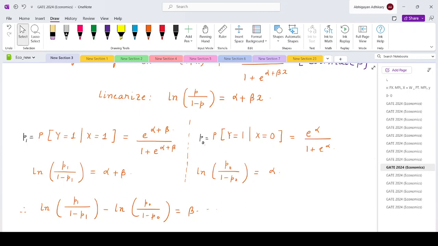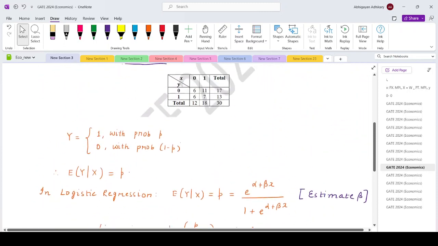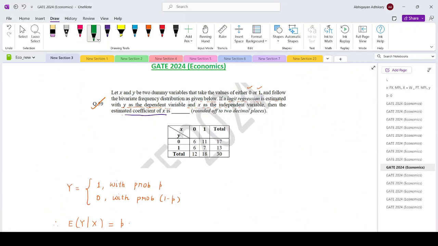So now from the table, the data that we have, we will try to understand what is p1 and what is p0. We are focused on y equal to 1, so that means the second row. So the probability that y is equal to 1 given x is equal to 0, the first column is fixed, so that is 6 by 12.